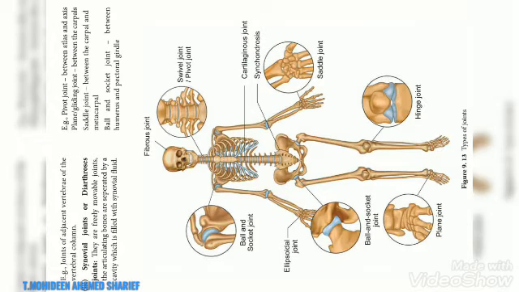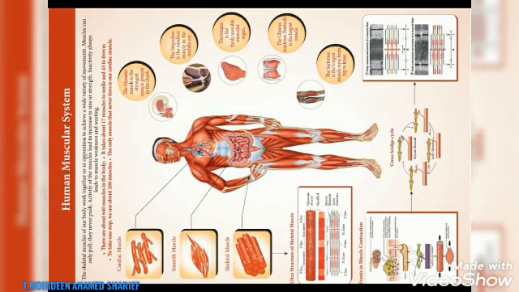The joint acts as a fulcrum or as a lever. First we will see about the fibrous joint or synarthrosis. They are immovable joints in which no movement between the bones is possible. Sutures of the flat skull bones are fibrous joints.